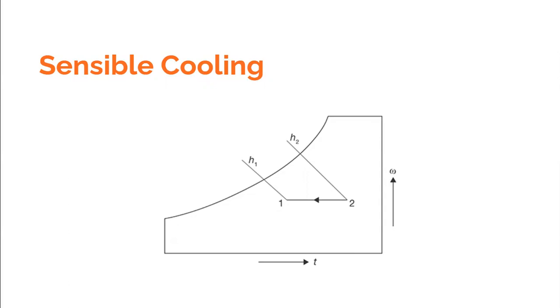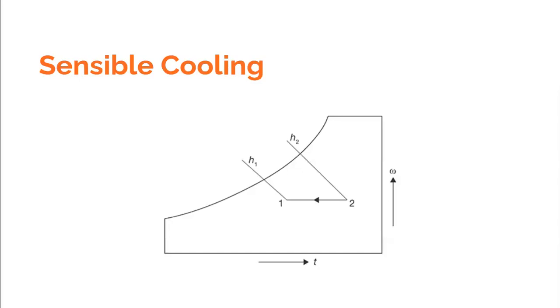There is a drop in the dry bulb temperature. The dry bulb temperature reduces from T2 to T1, whereas the specific humidity remains constant. So obviously, when the specific humidity remains constant and the temperature changes, it would be a horizontal line away from the vertical during sensible cooling.